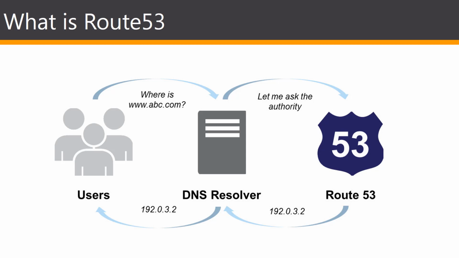Now, Route 53 is fully compliant with IP version 6 as well. It effectively connects user requests to infrastructure running in AWS, such as an EC2 instance, load balancers, or S3 buckets, and can also be used to route users to infrastructure outside of AWS. You can use Route 53 to configure health checks to route traffic to healthy endpoints, or to independently monitor the health of your application and its endpoints.